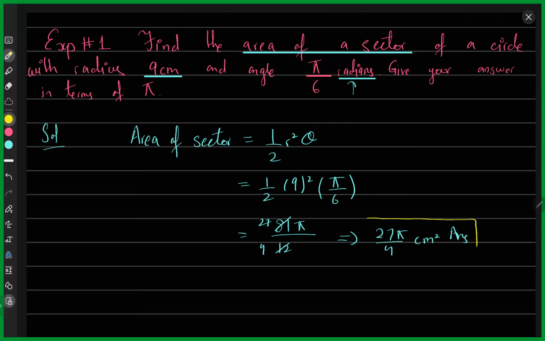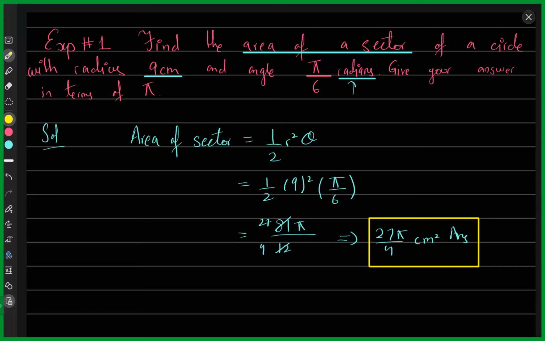Since the question was about area, you need to write down centimeter squared as well. So this is how we are going to apply this formula. But this was just a straightforward application. When we talk about past paper questions, you will see that the difficulty level varies. For some questions it's direct, and for some it's a bit technical.